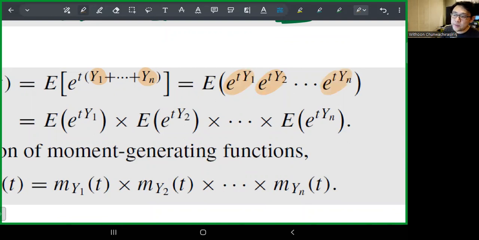And because each term in this exponential form is independent of the others, from the independence that we learned before, you can split them into individual integrals. That means you can extract the calculation for y1, followed by y2, all the way to yn, doing it one by one separately, in whatever order you want. But at the end, it's just going to give you a product.